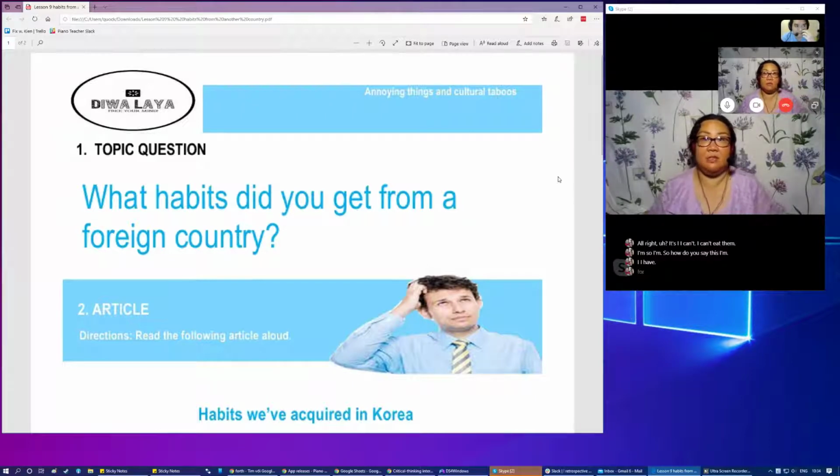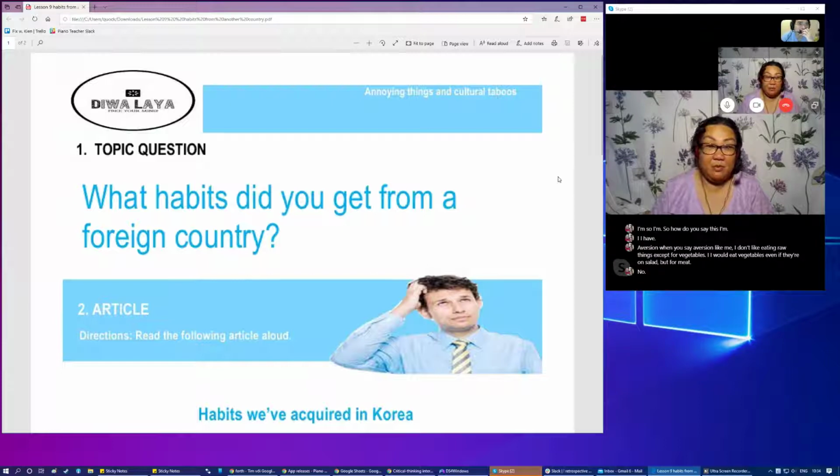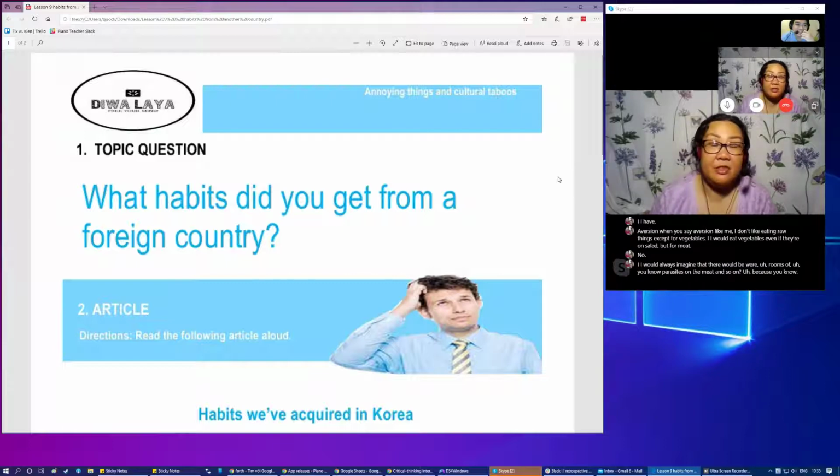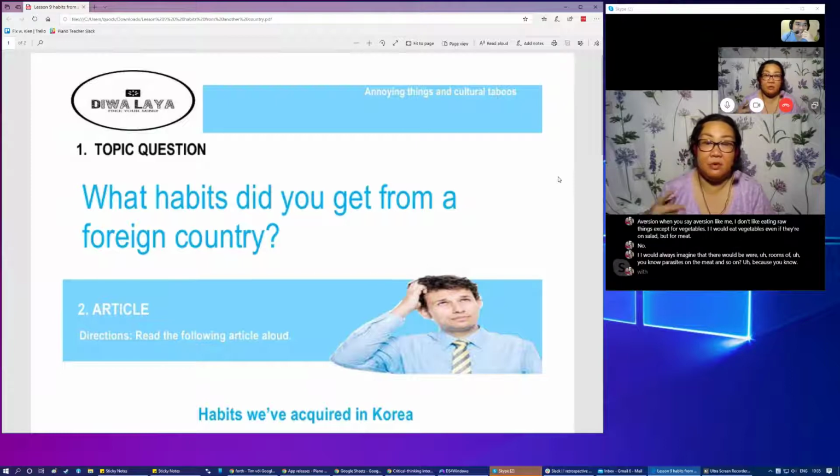I would eat vegetables even if they're raw on salad, but for meat, no. I would always imagine that there would be worms or parasites on the meat, maybe because I grew up with a grandmother who was very strict when it comes to hygiene and cooking food.